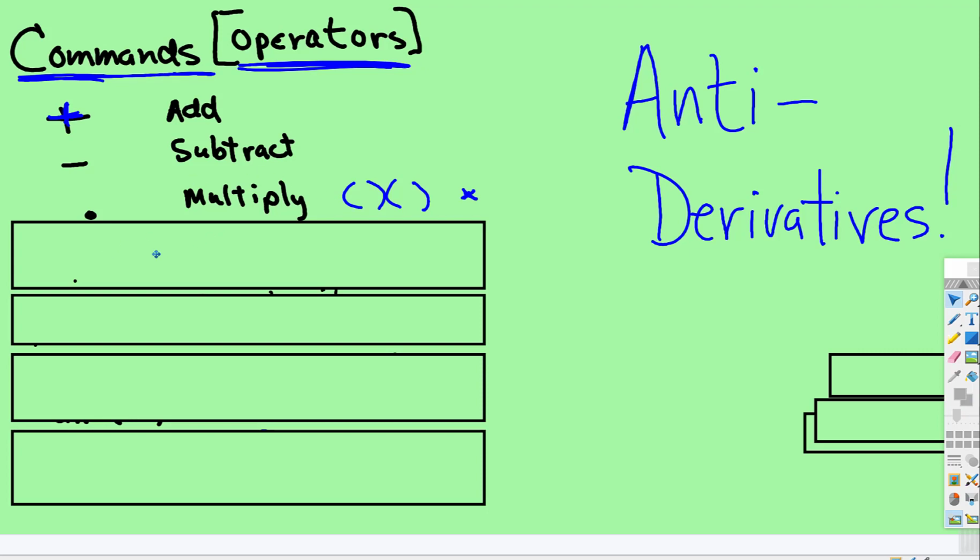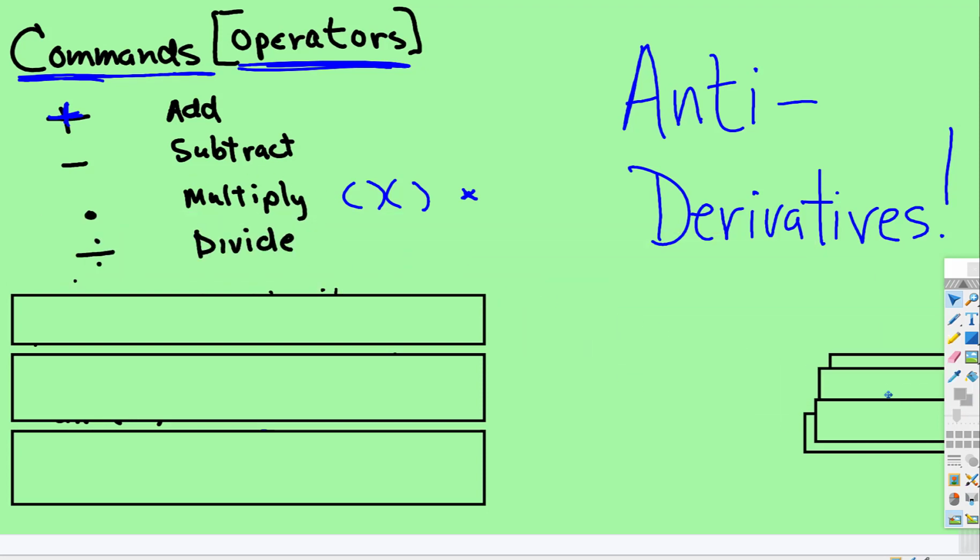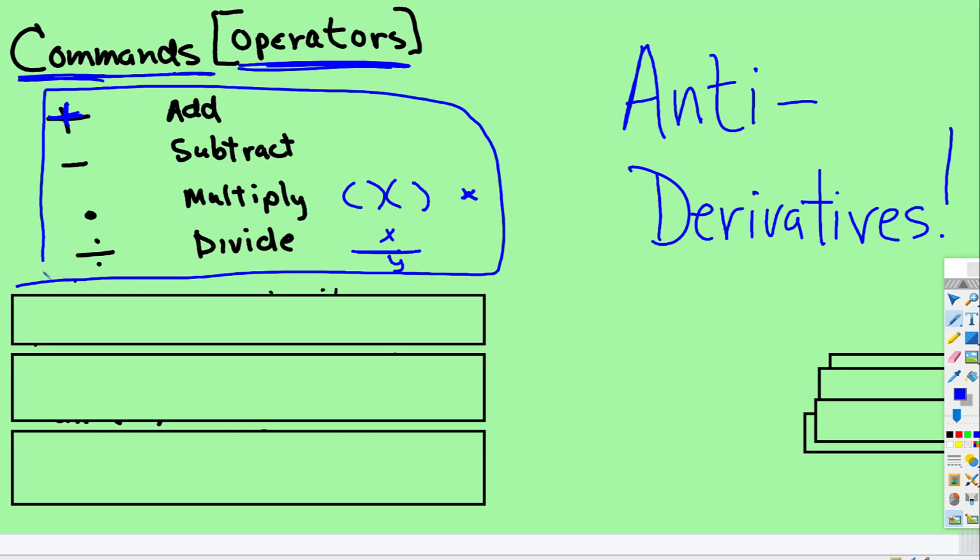Anyway, those are operators or commands. The divide symbol, which also is a fraction bar, means divide this. So up until calculus, essentially, these are the four operators that you know, right?